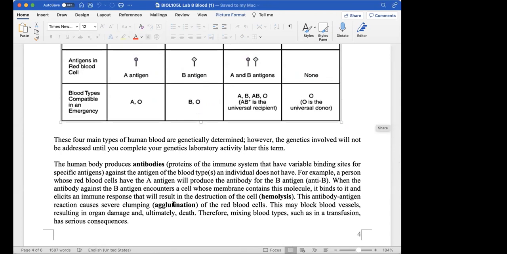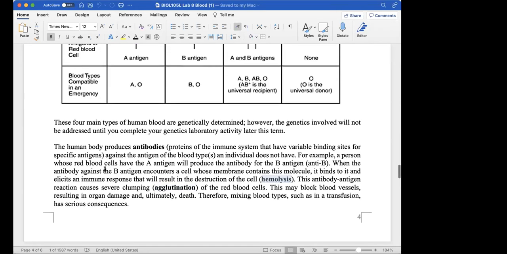When that happens, they clump together, causing agglutination of the red blood cells, meaning your red blood cells will clump together and not be able to travel throughout the body to deliver the oxygen to the tissues, and can completely destroy the cell, causing hemolysis, or the splitting of that red blood cell.